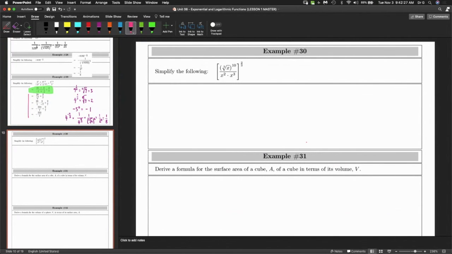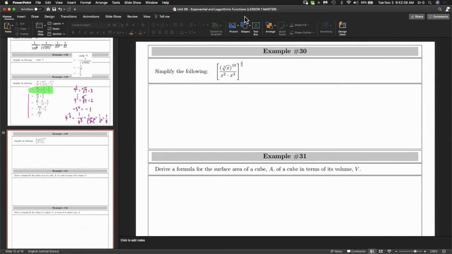Okay, number 30. Number 30 is looking pretty dangerous, but maybe we can get somewhere reasonable with it. Let's see what we can do with this. I'll go through this one very carefully with you.